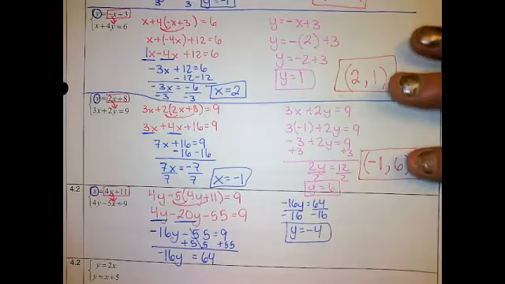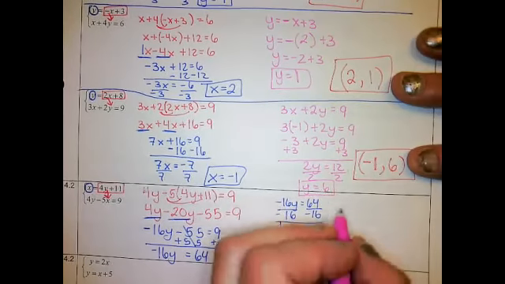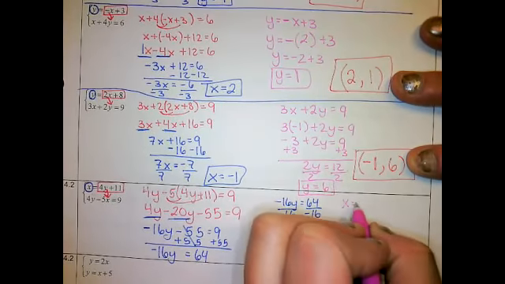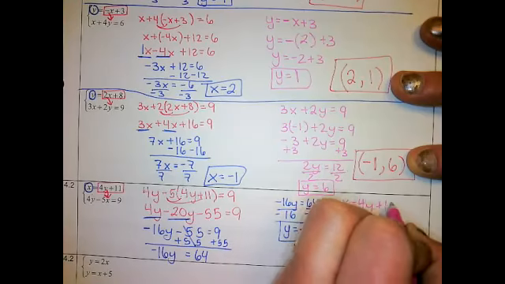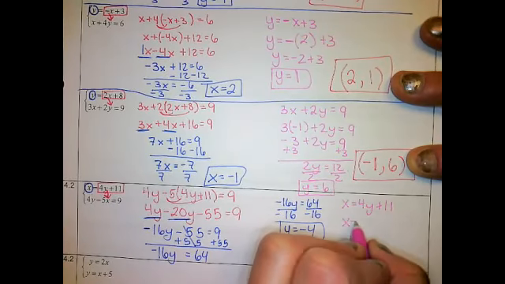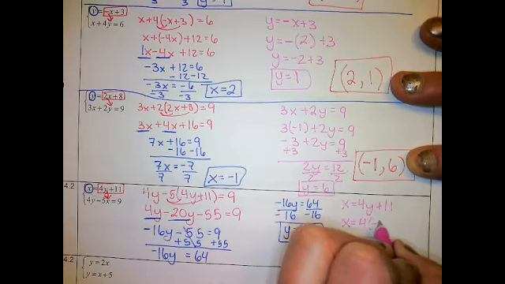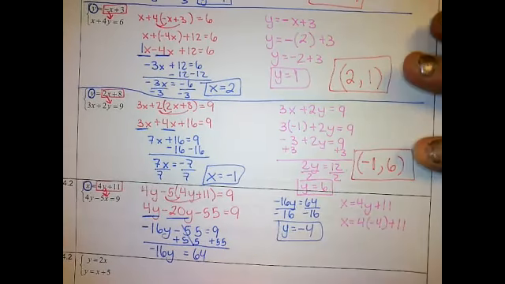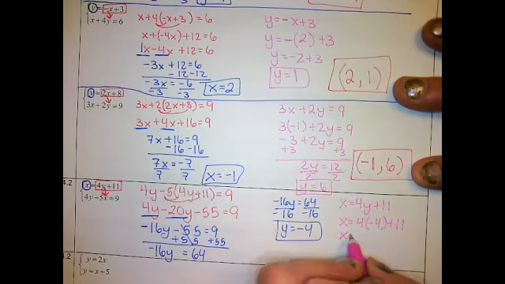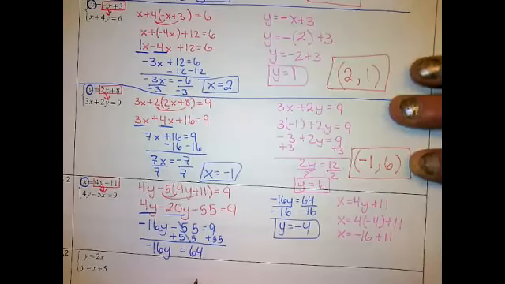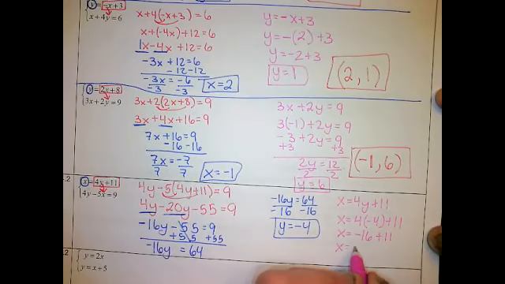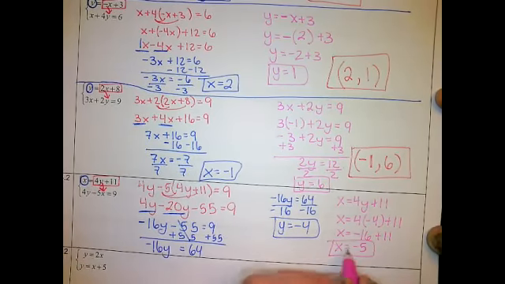Now I need to choose one of these to plug my y value back into. So x equals 4y plus 11. But I know what y is, so x equals 4 times negative 4 plus 11. And x equals negative 16 plus 11.